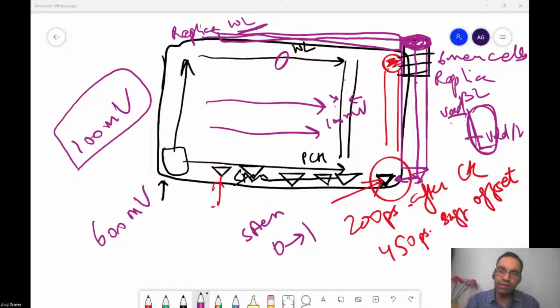How will you get that by just discharging one cell, 100 millivolts? That I can use for the triggering, right? Why do I need the 600 millivolts here? So if you could trigger with only 100 millivolts, then you do not need an SAEN at all. You will, as soon as 100 millivolts are discharged, trigger all the sense amplifiers. What's the big deal? Yes, sir. You can do it, na? Then there is no problem.